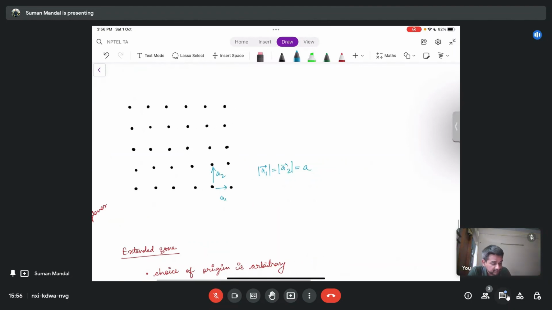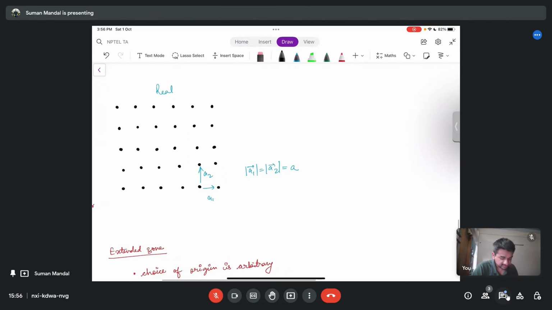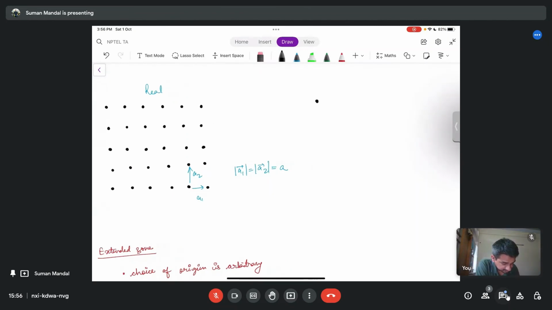So now if you draw it in the reciprocal space, again you will get a square lattice. In the reciprocal space it will look exactly the same, because it's a square lattice.